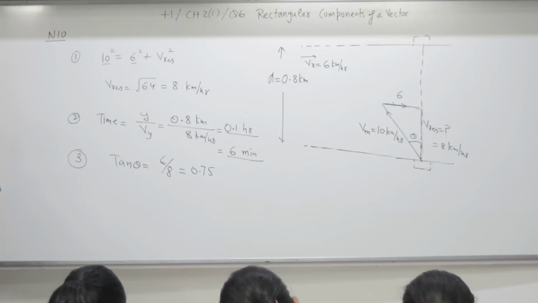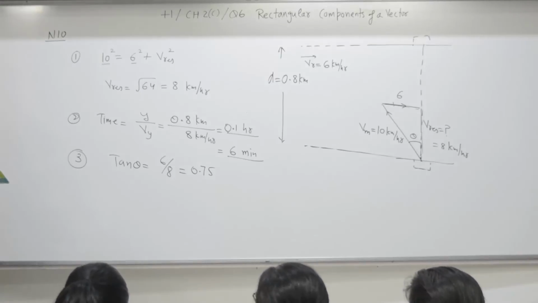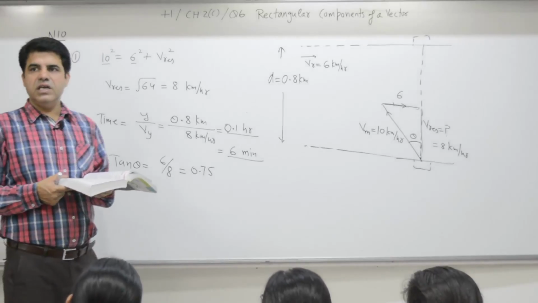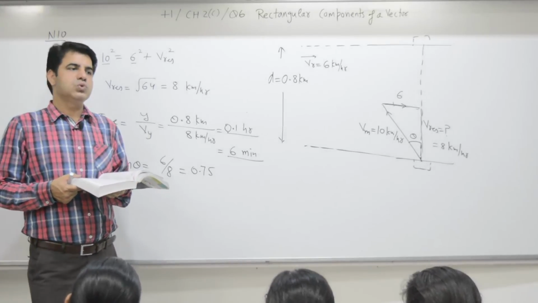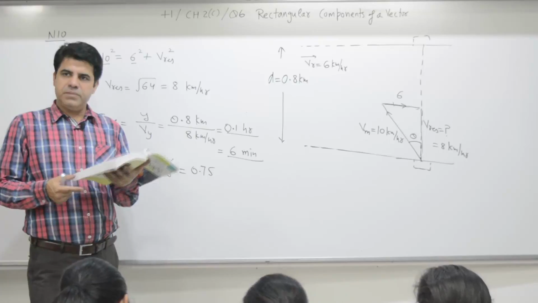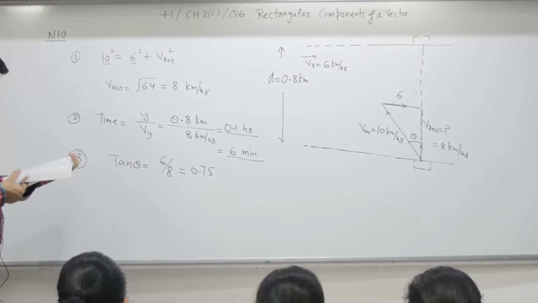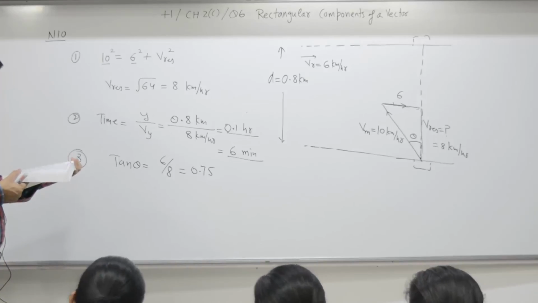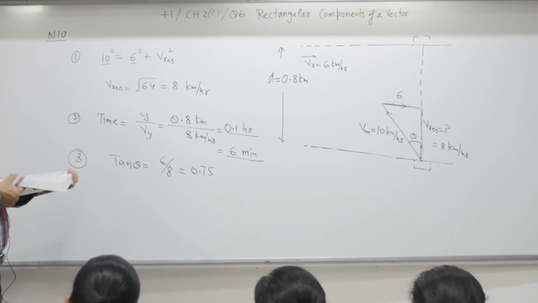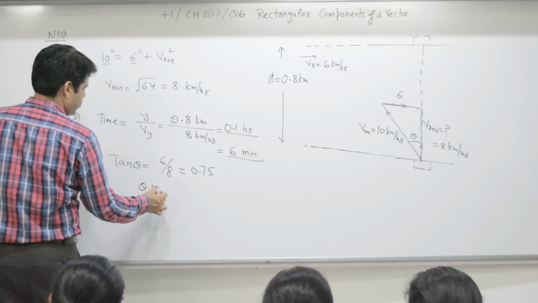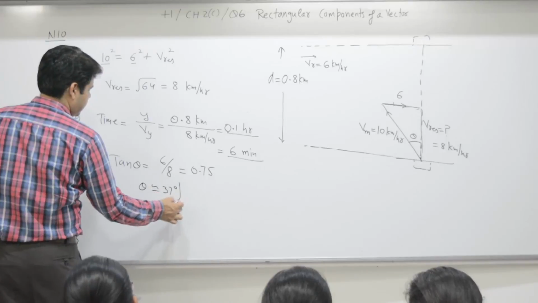So from the table, you will have to find out when tangent theta is equal to 0.75, theta is equal to what? Table is given in volume 2 end. So at present you have volume 1. I will just have an idea from the answer. That's 53, 37. This theta will come out to be 37 degree.